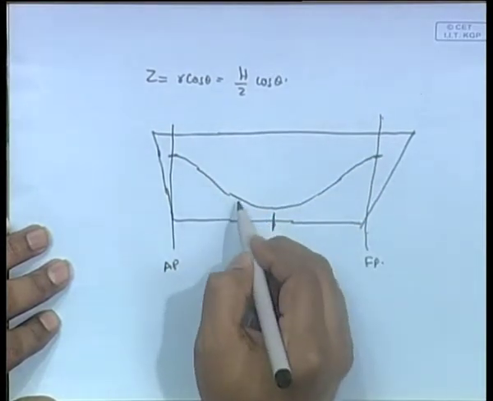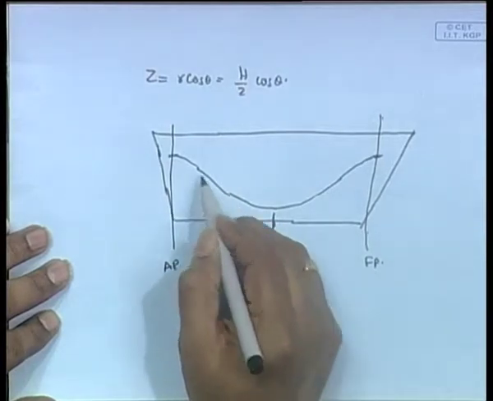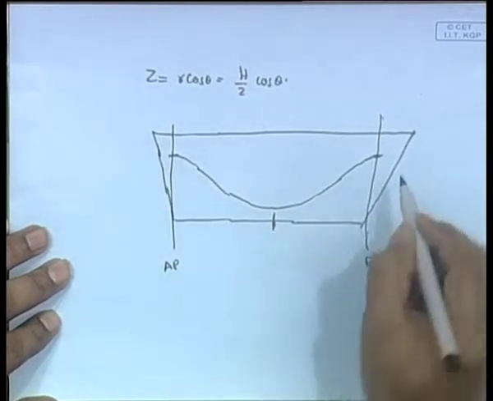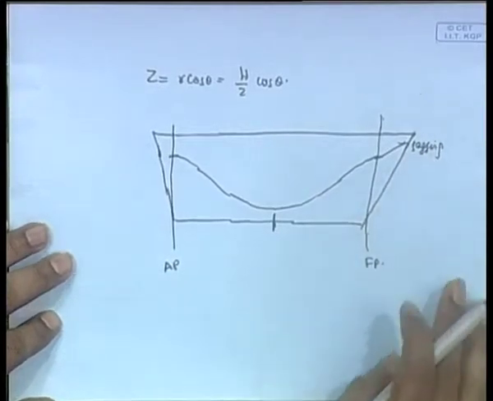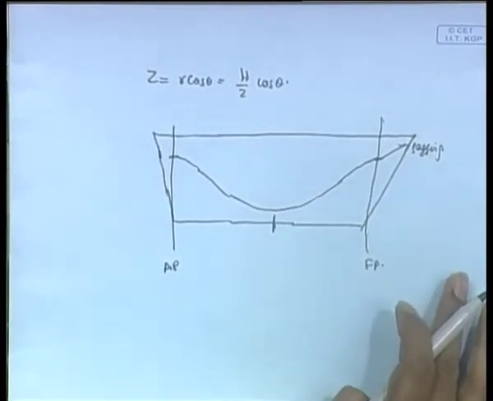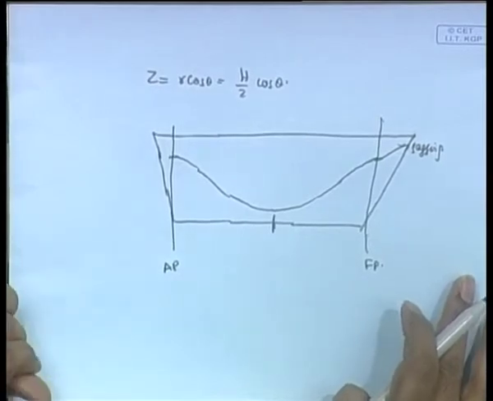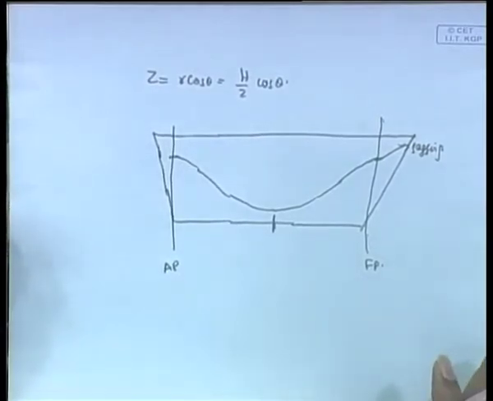You have the z at each station, and as a result you have the complete wave profile, a complete sagging wave profile. This will give you the trochoidal wave on the ship.